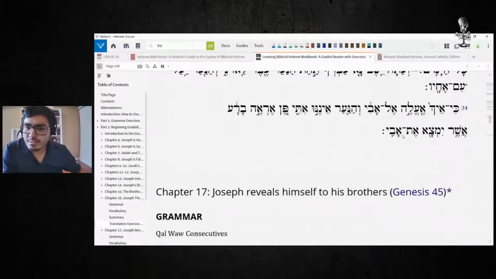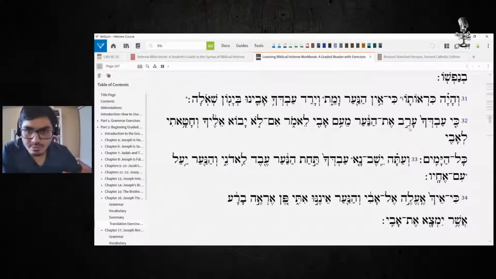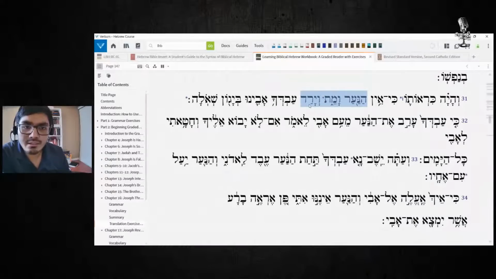Verse 31, let me see, there's 4 more verses and then we'll be done with this translation. Verse 31, Vehaya ki ro'oto, and so ki en hanar vamet vayarad avdecha avenu biyagon sho'ola.